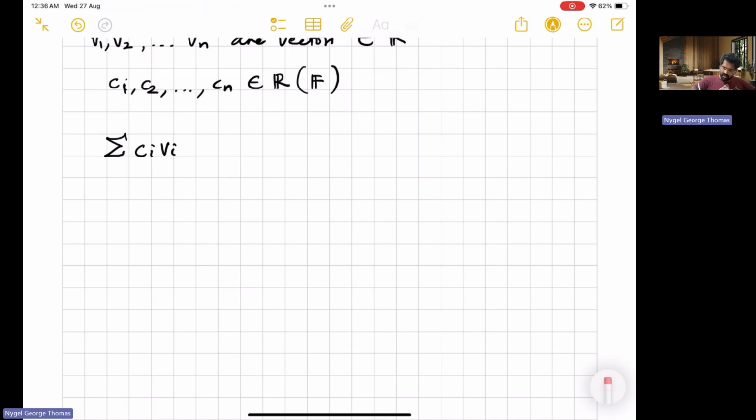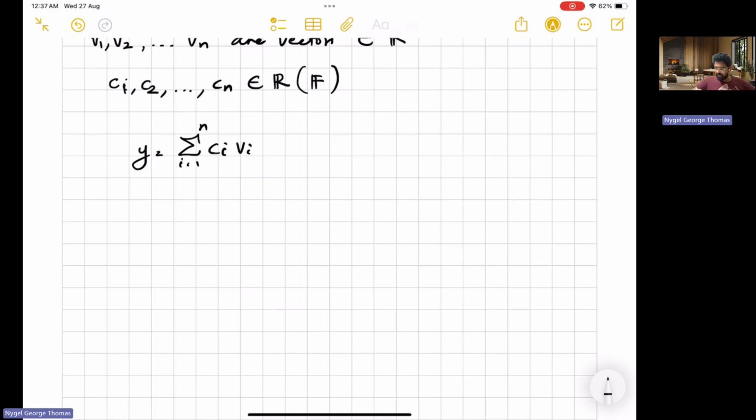Then if you take the linear combination and it is 0, like what we had in y. Let's use the same setting. Let's say y is the linear combination of these vectors, sum over i equal to 1 to n of ci vi.